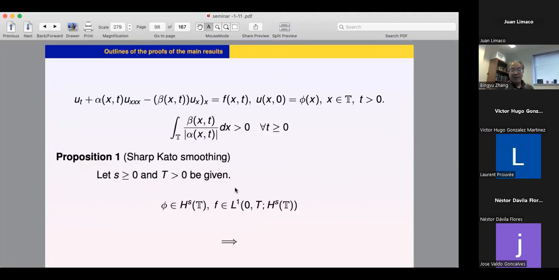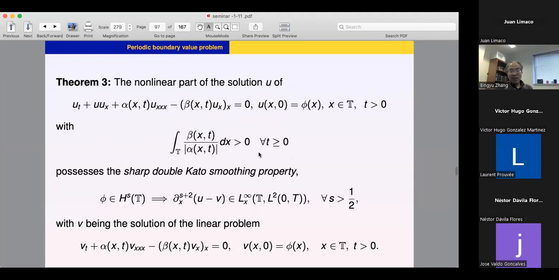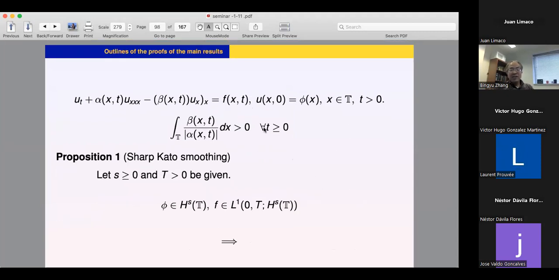Now, how do we prove that? First, as Constantin and Saut pointed out, this kind of smoothing property is not caused by nonlinearity. So what do we do here? We just need to consider the corresponding linear system. Forget about the u u_x term and only consider the linear parts.